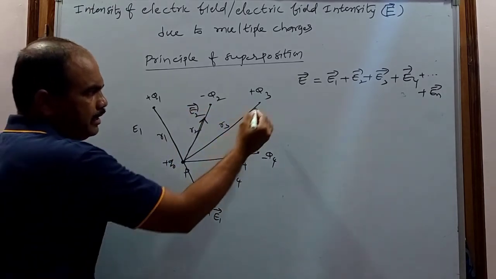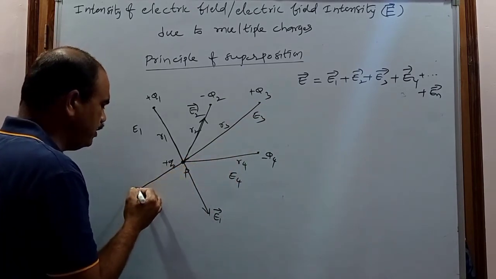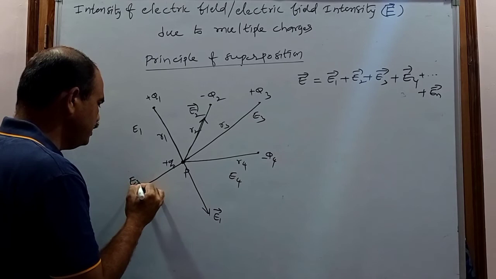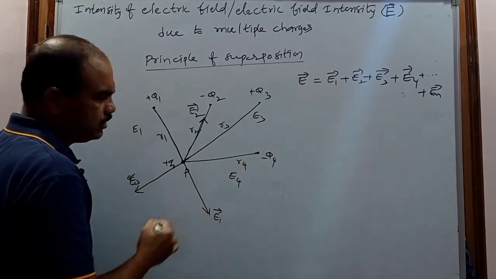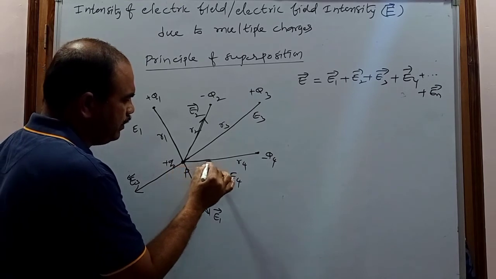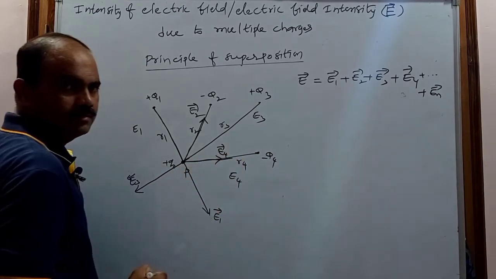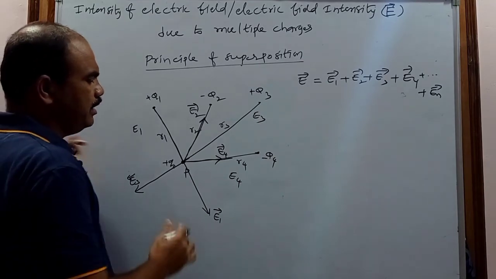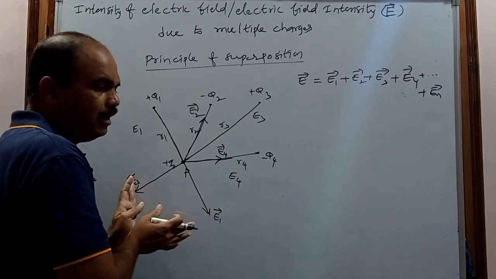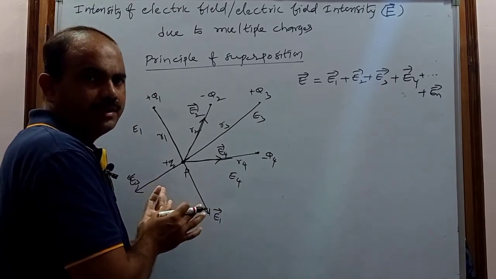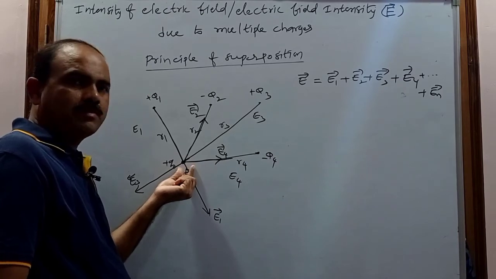Again Q3 is a positive charge, so the intensity of the electric field due to Q3 will act in this direction. And Q4 is a negative charge, so the intensity of the electric field will act in this direction, and this is E4. Finally, if we add the vector sum of all the individual electric field intensities, that gives the net electric field intensity at this point.